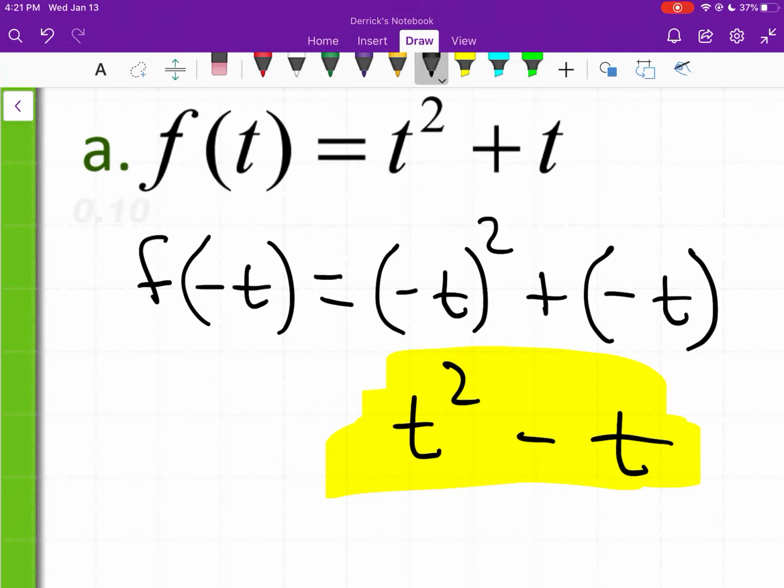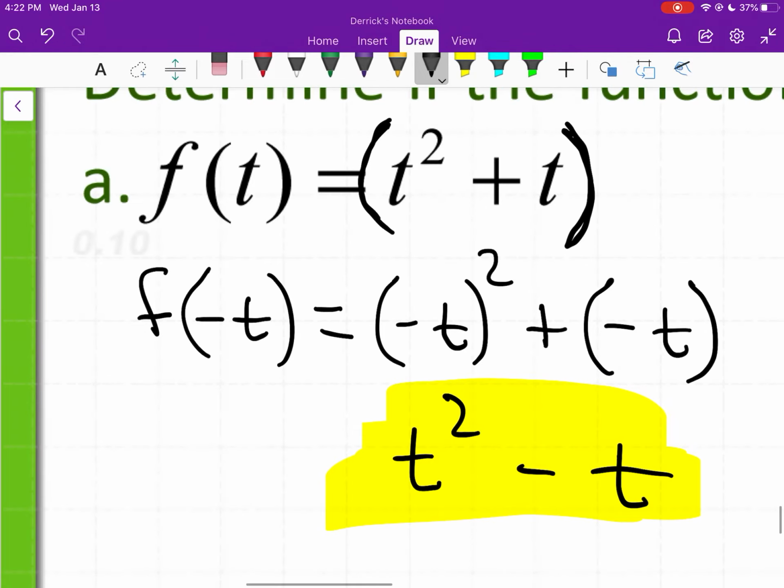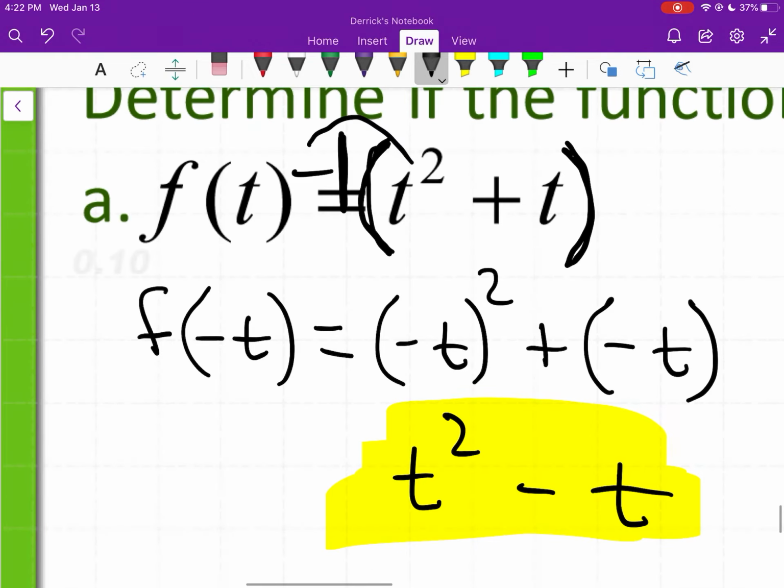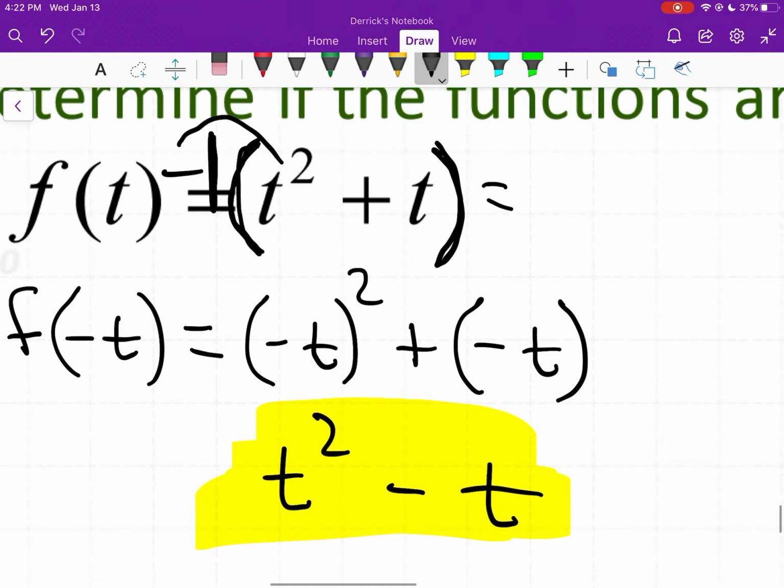So just like the first example then, we want to put parentheses around the entire function, the entire f of t function, and we want to multiply by -1. Again, this would be a distributive property. So we'd take -1 times t squared to give us negative t squared, and we'd take -1 times positive t to get negative t.